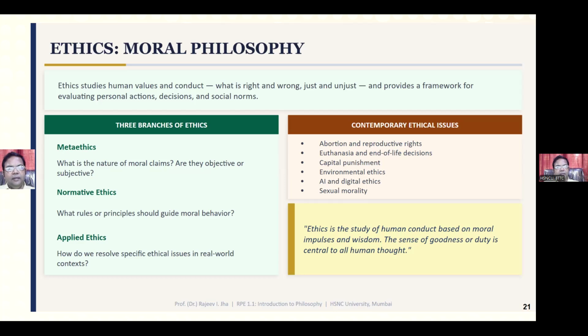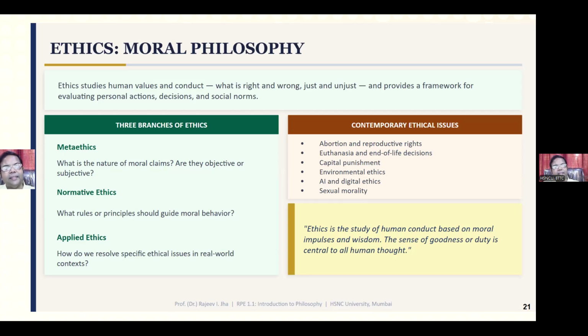In performing arts, consider the ethics of appropriating a classical form for commercial ends. When a sacred performance tradition like Bharatanatyam, whose origins lie in temple ritual and Devadasi practice, is transformed into a stage spectacle or used for entertainment marketing, we face a genuine ethical question about cultural ownership, authenticity, and respect.